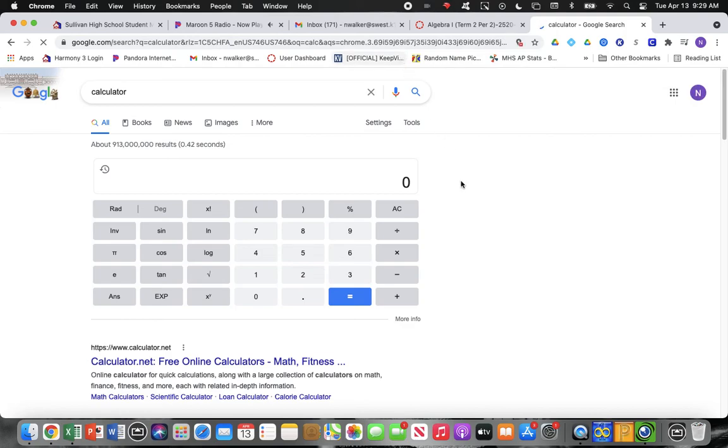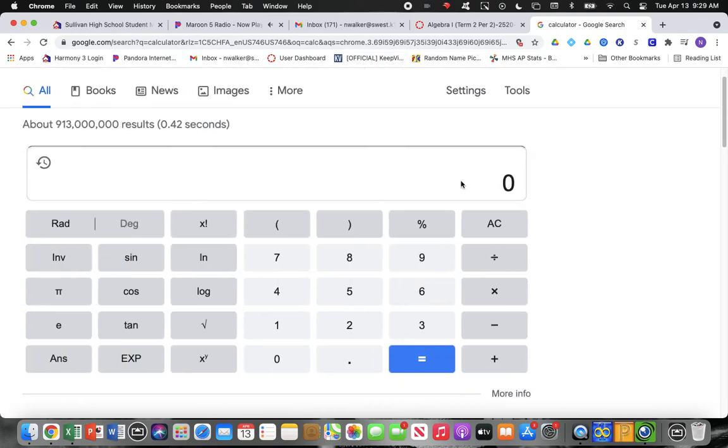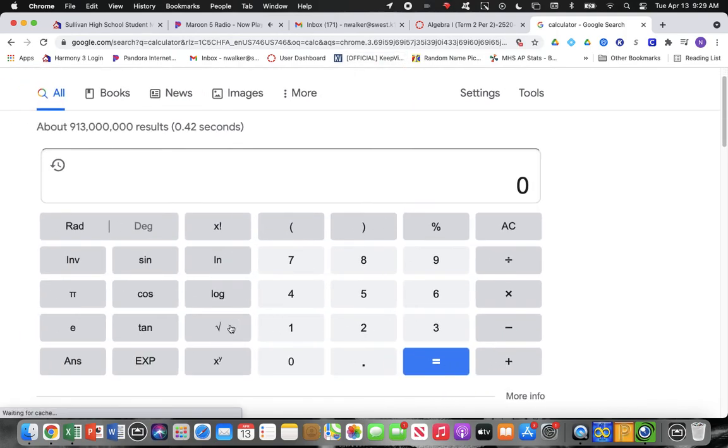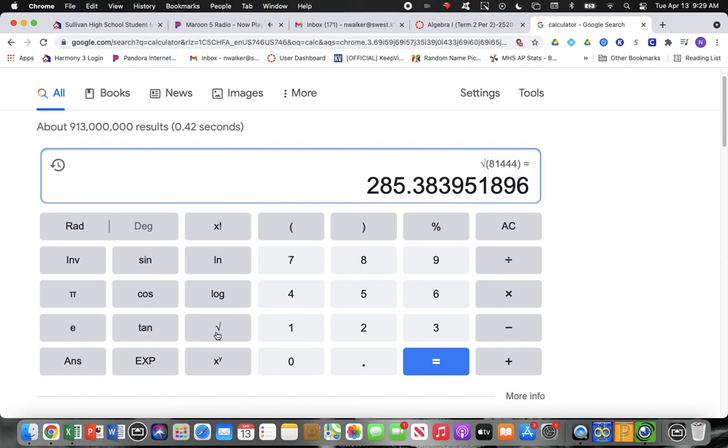I'm going to zoom in just a little bit. You do have a square root button right next to the 1. So you would just type in square root of 81,444 and then hit enter. It's going to give you the square root of that. We're going to round to the nearest tenth.